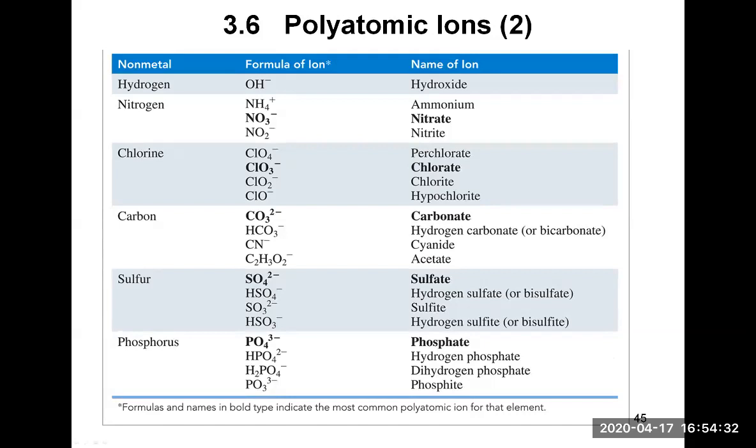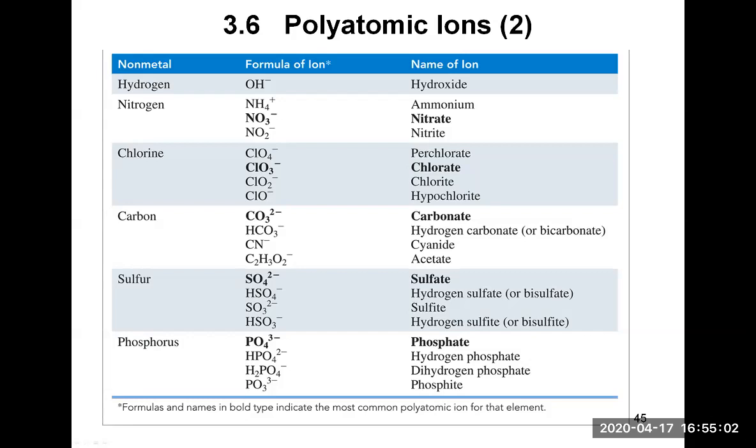You see that polyatomic ions are typically made of nonmetals, right? Hydrogen, nitrogen, chlorine, carbon, sulfur, and phosphorus are all nonmetals. And typically the nonmetal is bonded to oxygen, which is also a nonmetal. And so that's why the bonds between them are covalent bonds, even though they are ions overall.